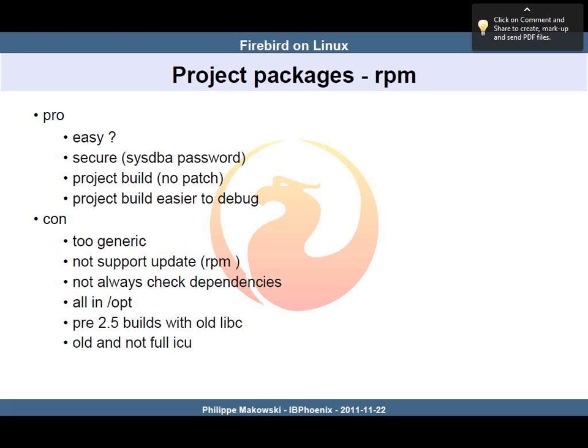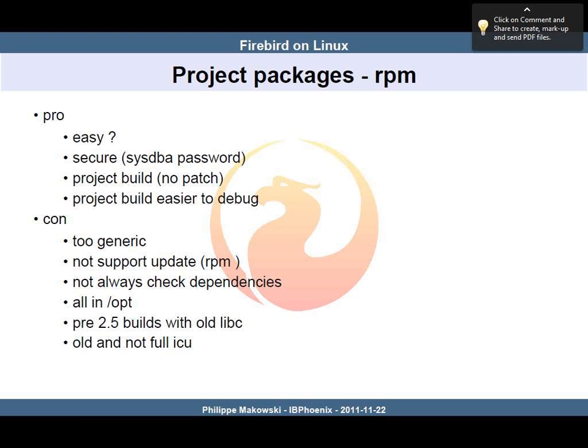So, project package RPM. Pros and cons. The pro: it can be easy if you are set up with project package RPM, if you are on a distribution that uses RPM. It's secure because the project package RPM changes the SYSDBA password.